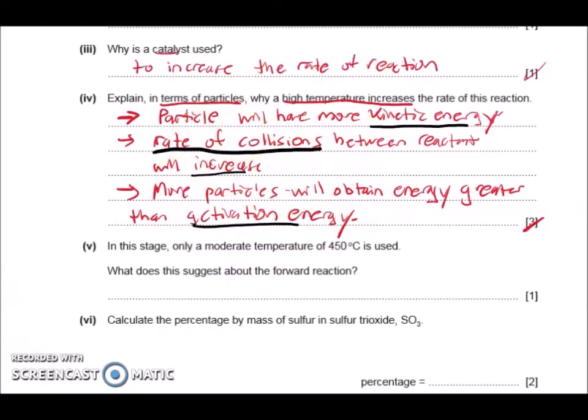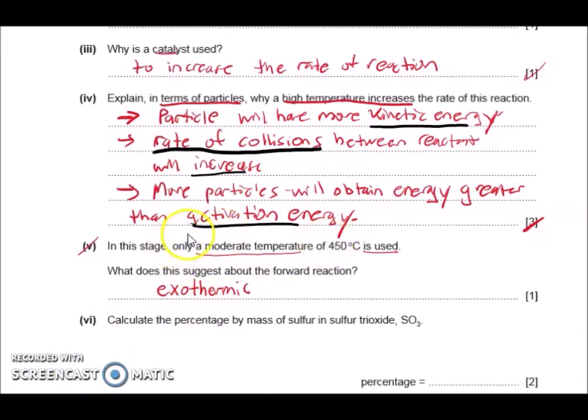Okay, next we are moving to this part V. In this stage, only a moderate temperature of 450 is used. Suggest why. What does this suggest about the forward reaction? The forward reaction is exothermic. The meaning of exothermic is that the heat lost to the surroundings is more.